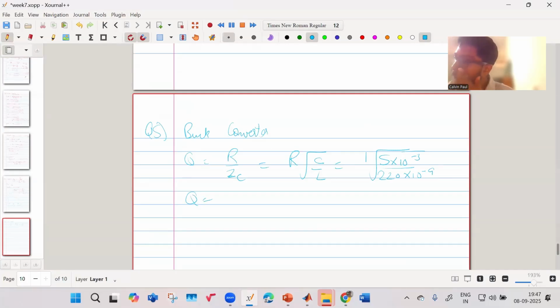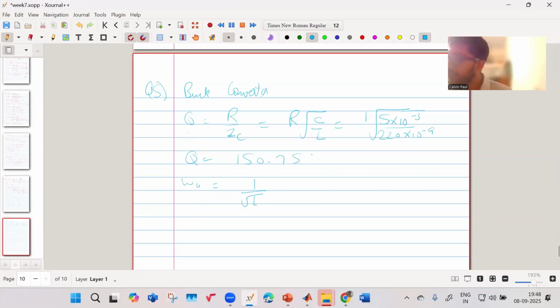So what is this value? Q comes out to be 150.75.